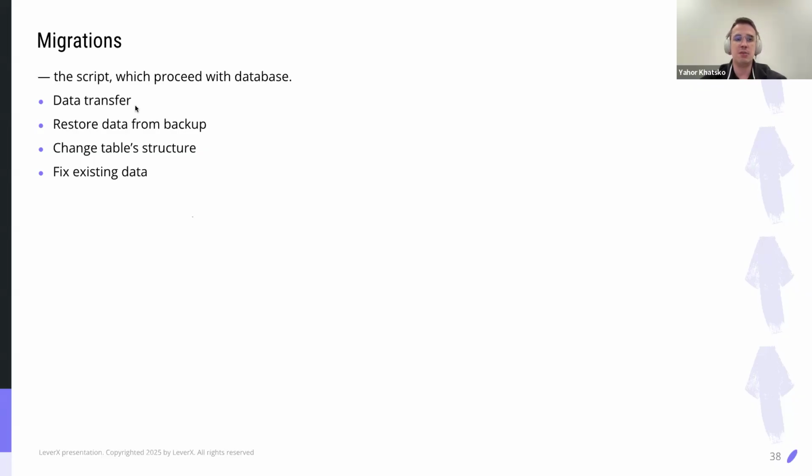Change the data, the table structure. If we would like to add some kind of new column or change the column, it should be done within the migration. And fixing the existing data.